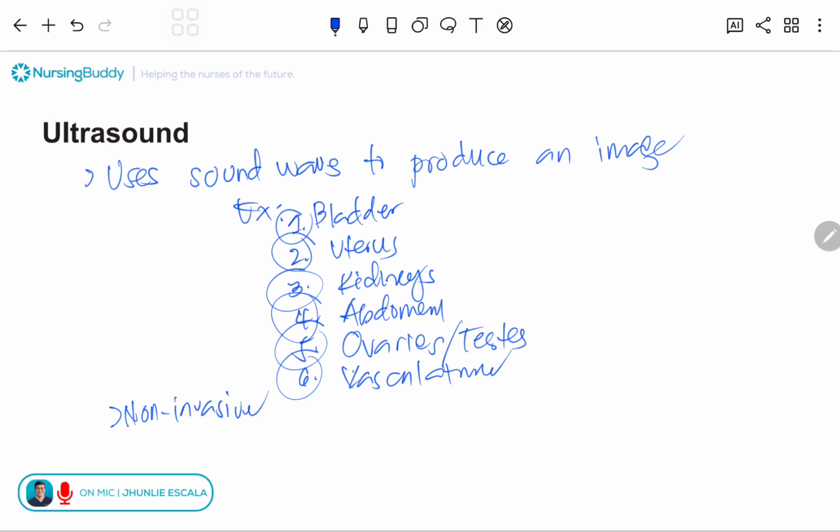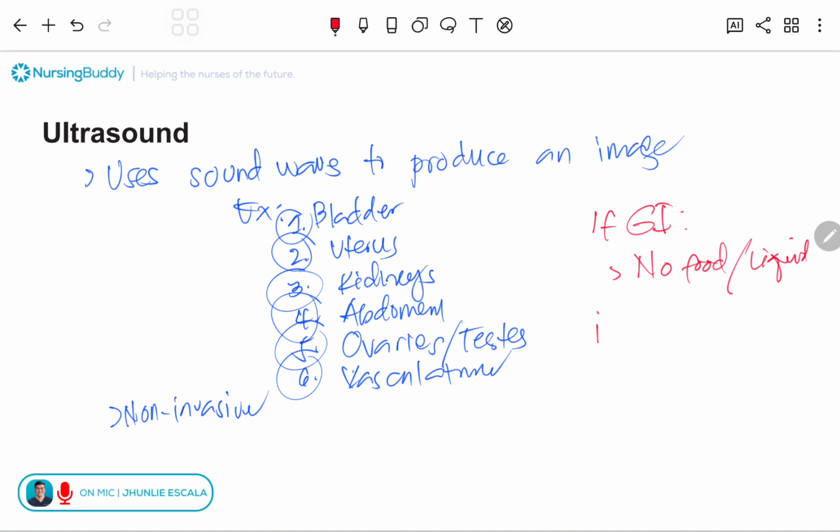And okay, so tandaan po natin, kapag we are looking at your GI, kapag digestive system, big word po dito, nursing consideration, if GI po ang i-ultrasound natin, no food or liquid. Okay?